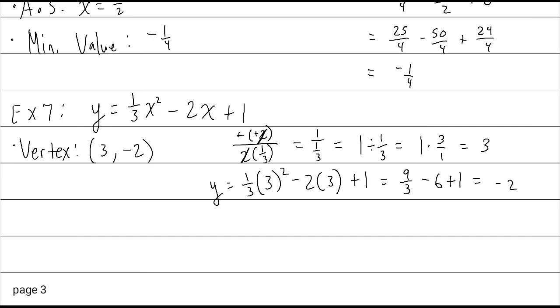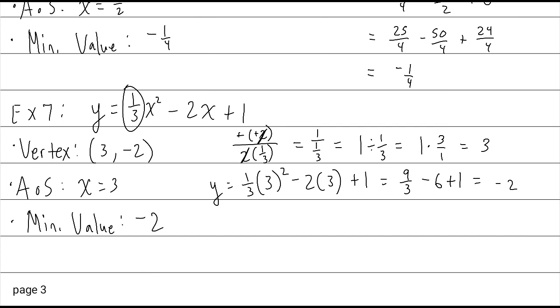Okay, although this one started off uglier, the vertex works out a little nicer. All right, the axis of symmetry. X equals 3. All right, understood positive 1/3, which means I know the graph's going to open upward, having a minimum value. So it's a minimum. And the y value of the vertex is negative 2, so that would be the minimum value, negative 2.